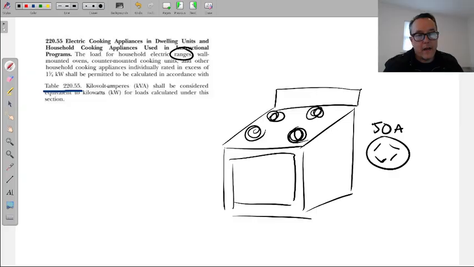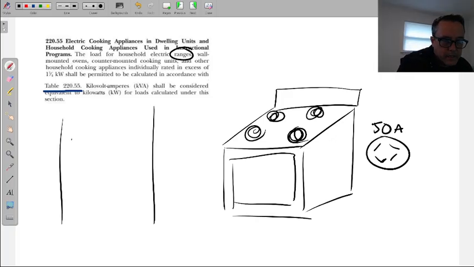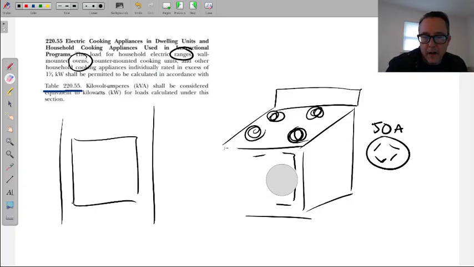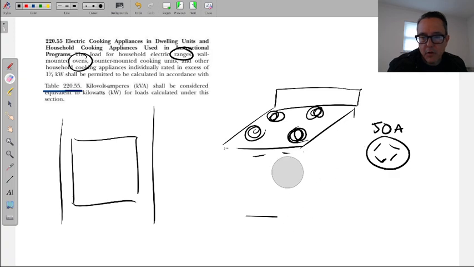Now we can also have a wall mounted oven. No stovetop, just in a wall section, just an oven. You open it up, use it as an oven, close it up. I've seen these. I've never owned a house that had one, but I have seen those. And then countertop cooking units. That means get rid of the oven, and you just have the stovetop.